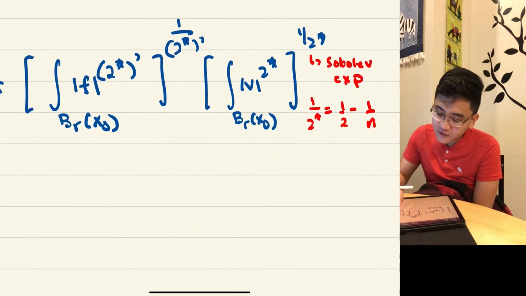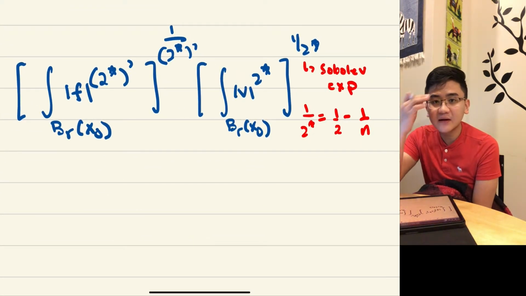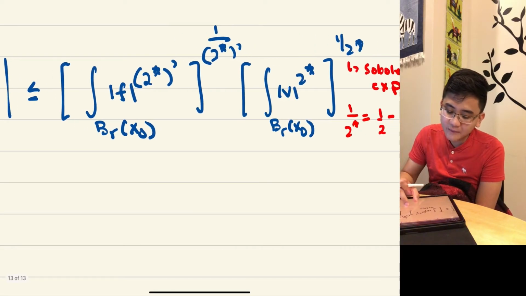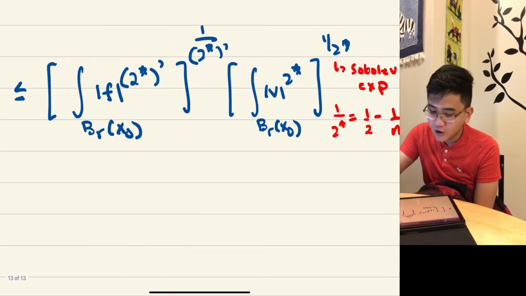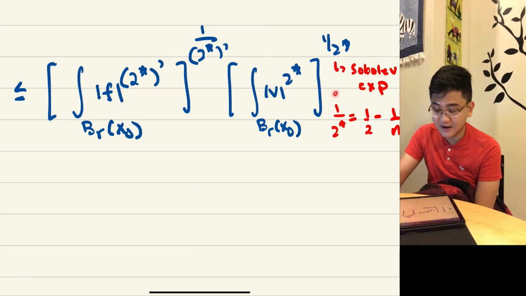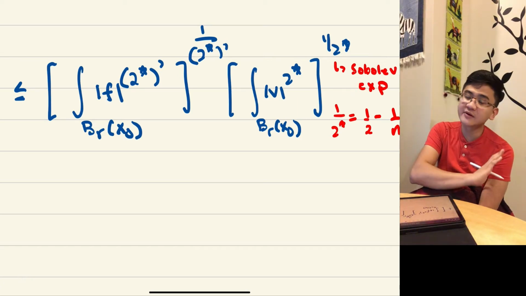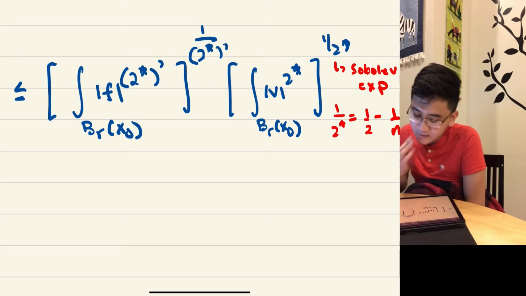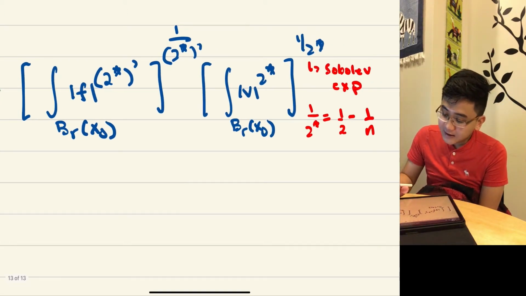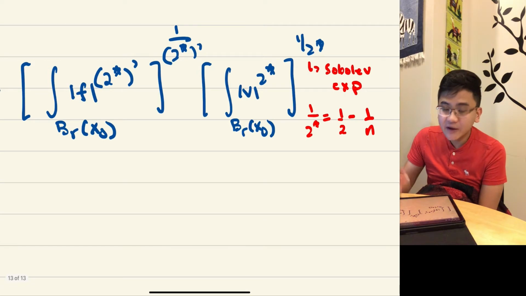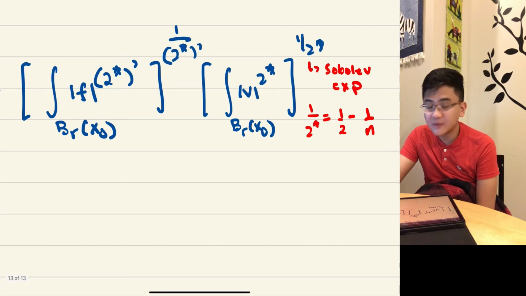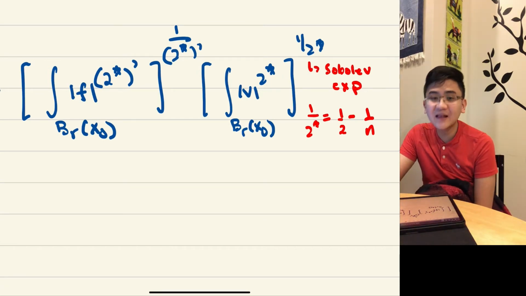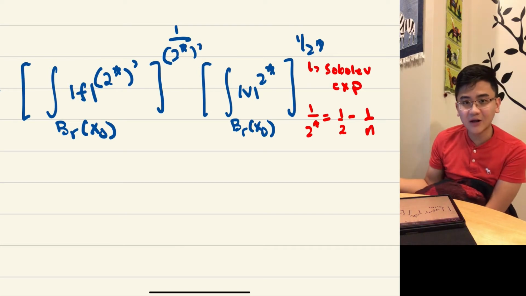And the reason that we're doing this is because, remember what I said earlier, we need to make grad v appear on this side, so that we can combine it with some other grad v on the other side of our inequality. Doing Hölder's inequality with this Sobolev exponent allows us to use a Sobolev inequality.